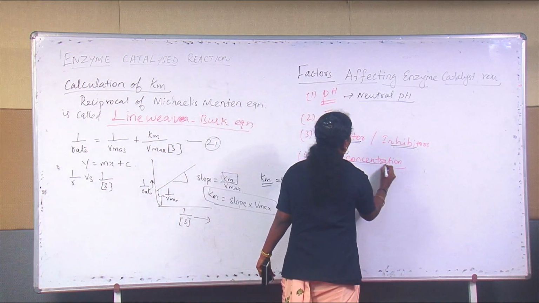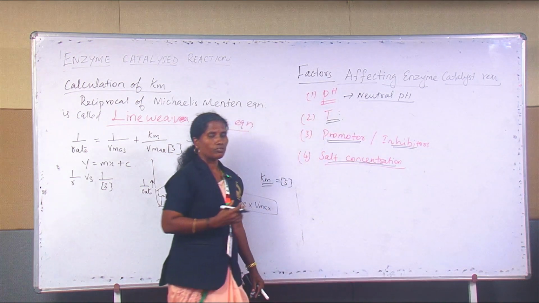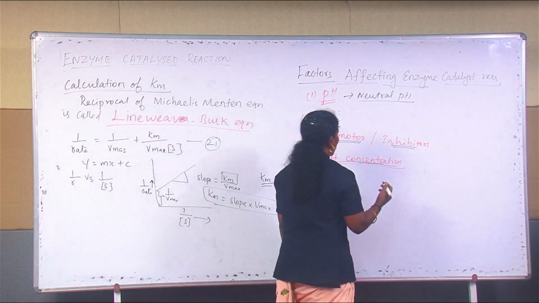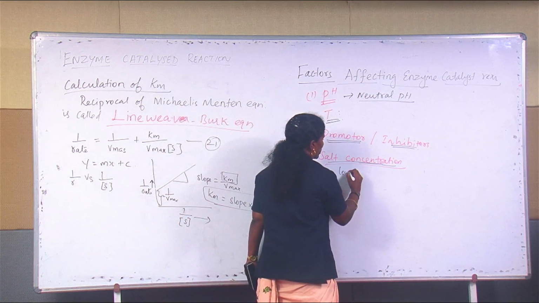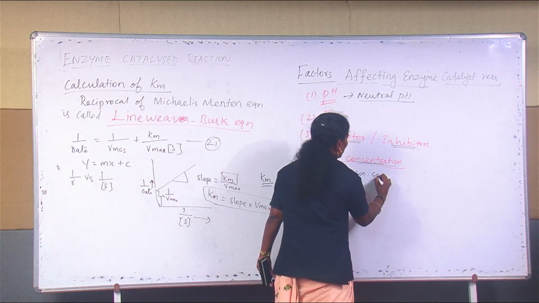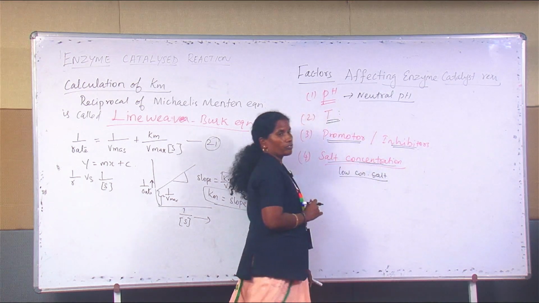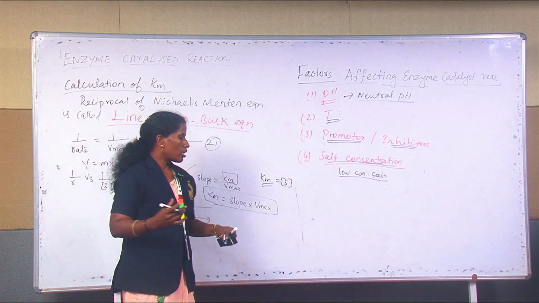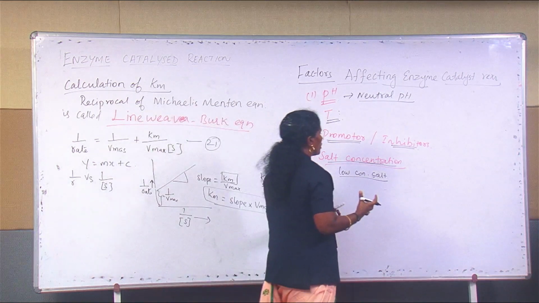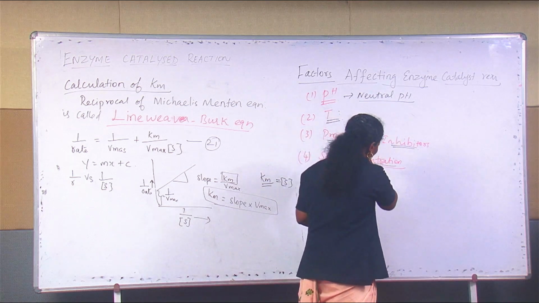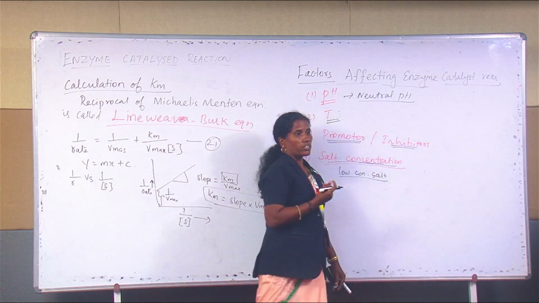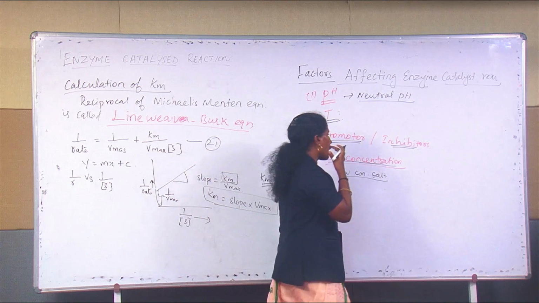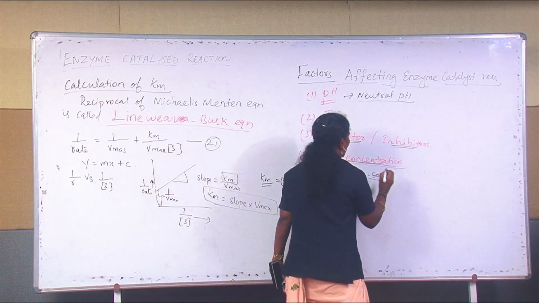Next, salt concentration. Salt concentration affects enzyme catalyst reactions. At lower concentration of the salt, the charged amino acid particles are close to each other and get connected, so the enzyme catalyst reactions are faster.